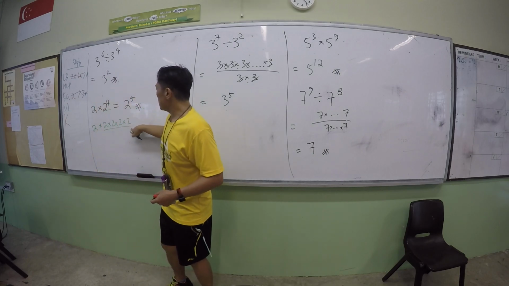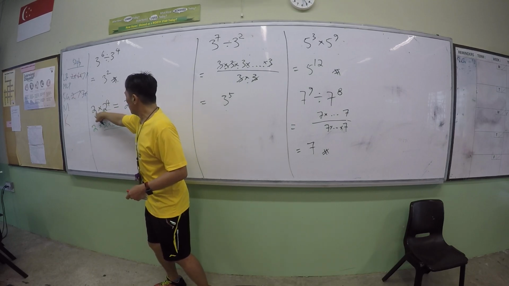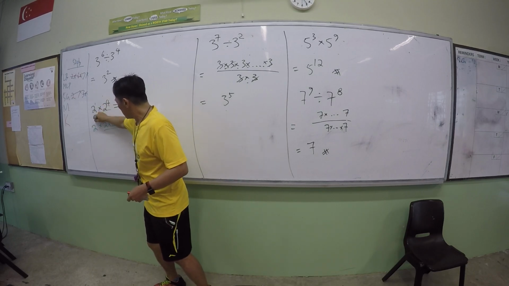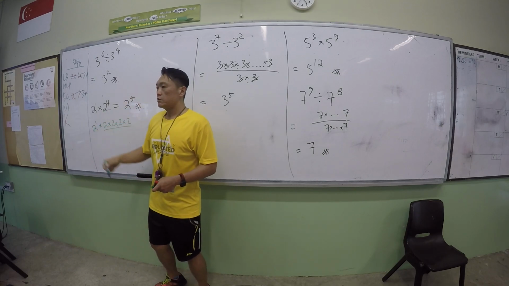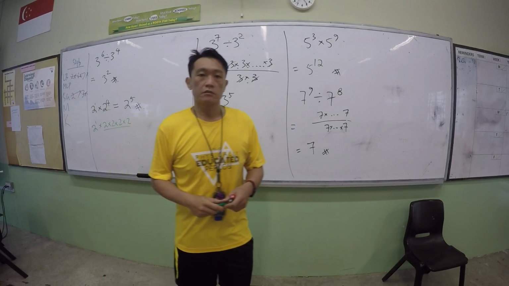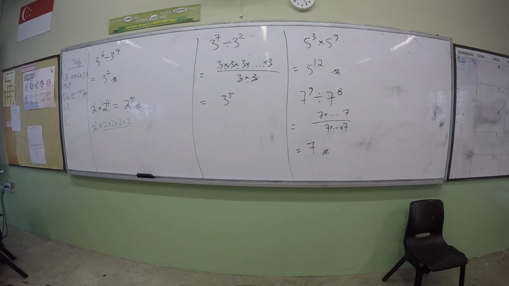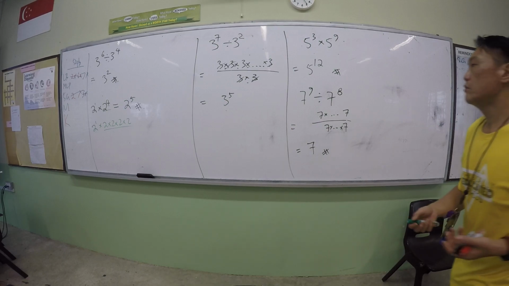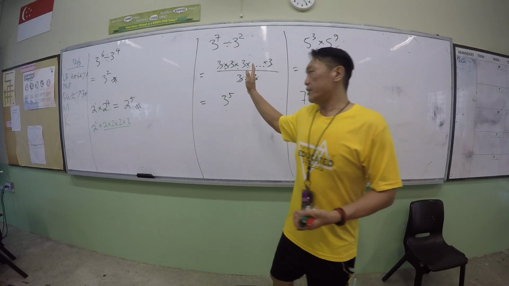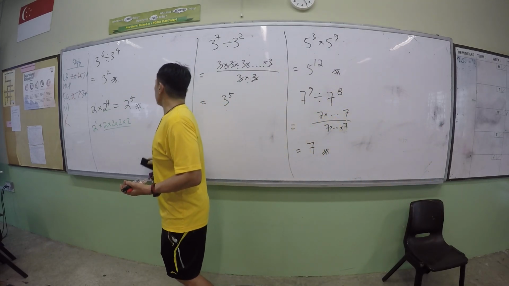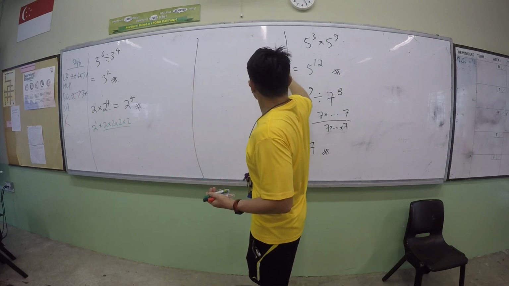So I just go through in my mind, I'm actually multiplying 2 to the power of 1, then I multiply another 4 times. Okay? So like that, all the questions with the first 2 rules can do already.